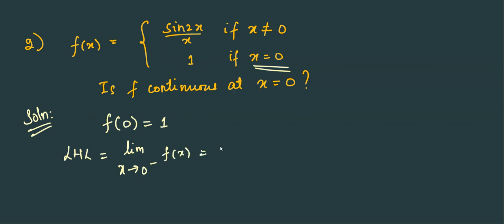Now f of x, when x is slightly less than 0, is sine 2x upon x. Now sin x by x is a standard limit, and it exists. Left hand limit is equal to right hand limit. So sin ax by x is a.